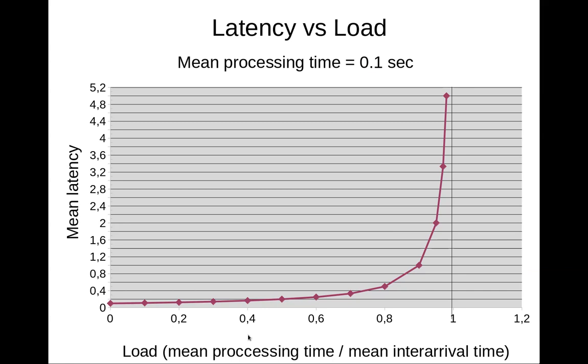If you have 100% load, incoming jobs fully saturate the server, and it will not be good. The waiting time, the latency for each job, increases up to infinity. But if you have a low load, that is, the service station is much faster than what jobs are arriving, you still get a slight queue. You don't get zero waiting time because of the randomness. But it's no problem until you reach maybe 80–90% of the capacity.